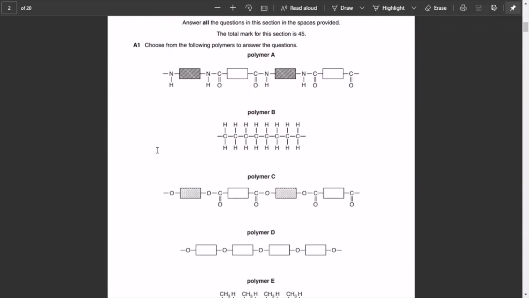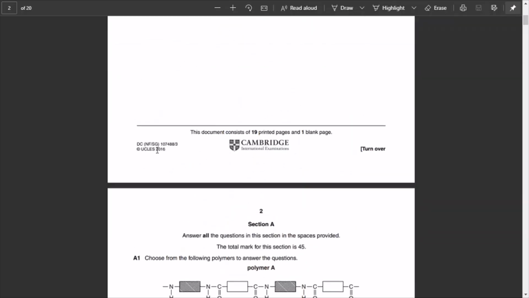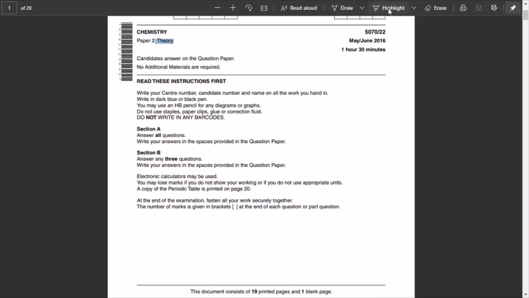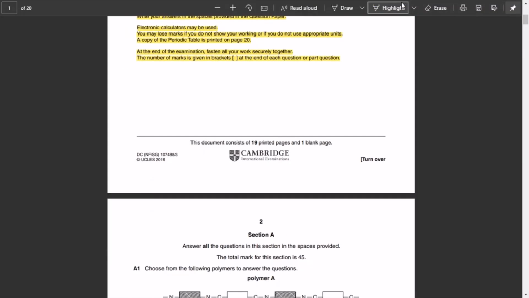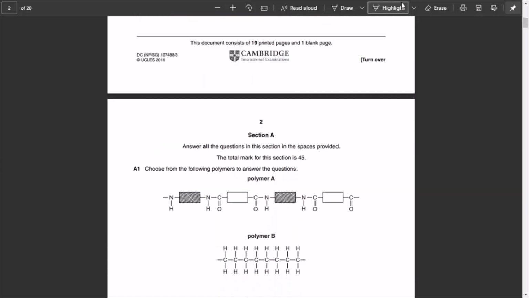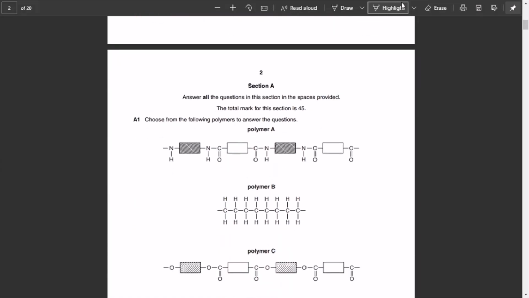Okay, so the first question that we're doing, section A. Make sure you read all of these things, it's important. You should go through them because usually students do not care about it, but we should read it anyways.